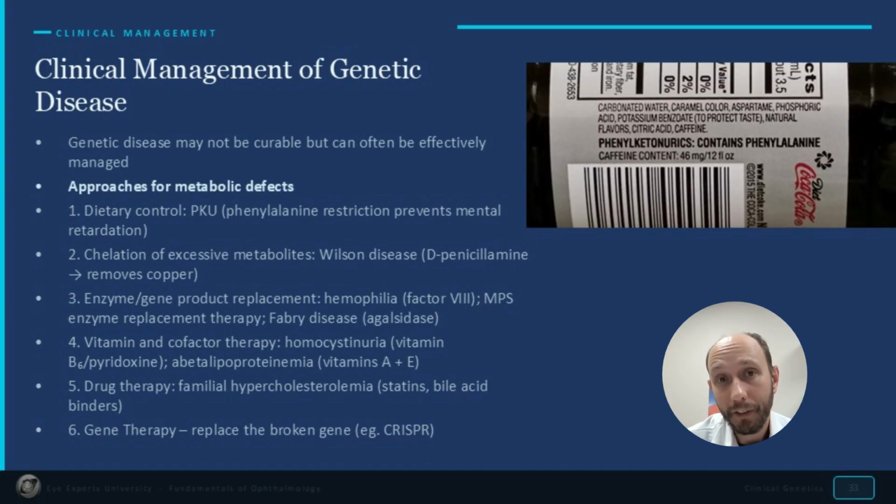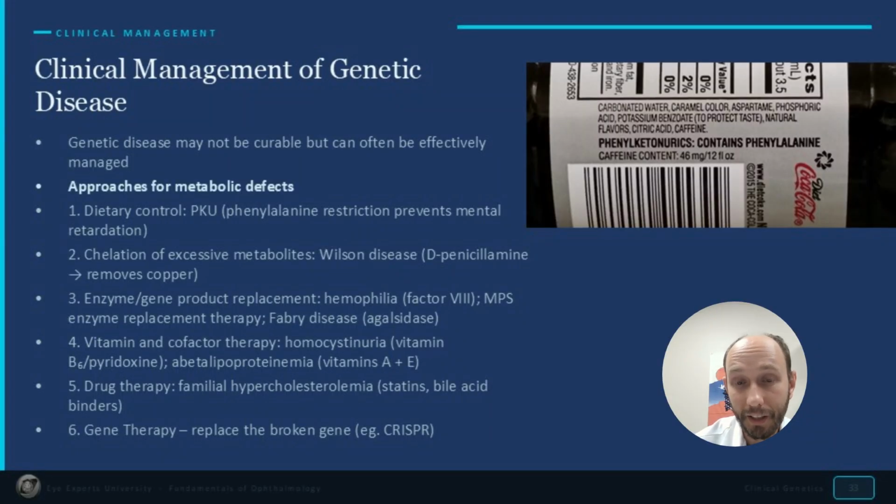Now, what can we do realistically if we identify a bad gene and we have a genetic disease? If it's a metabolic disease, we can do dietary control like in PKU. You can avoid phenylalanine, and that's why many foods have a label that says contains phenylalanine, because if you avoid it, then you don't really have a problem. You can treat the excessive products, like in Wilson's disease for copper metabolism.